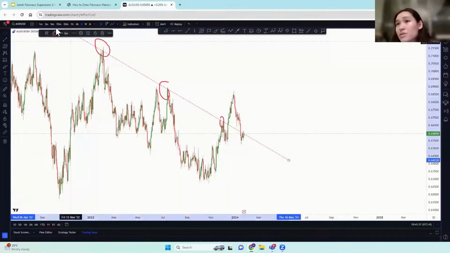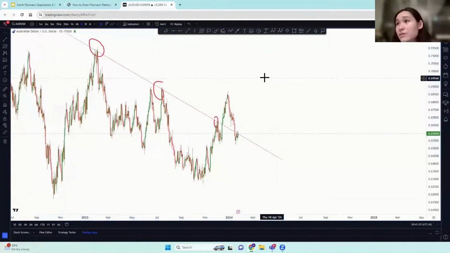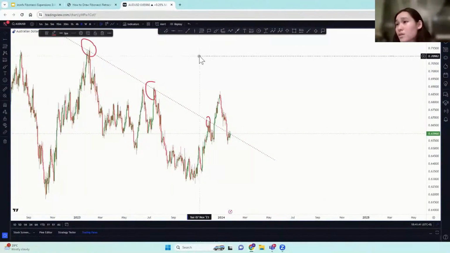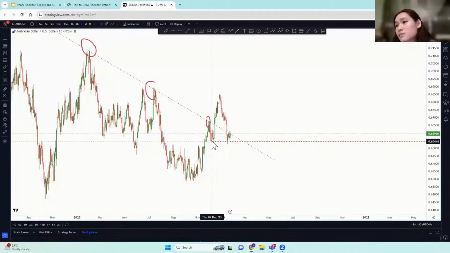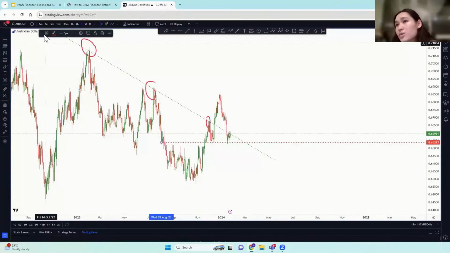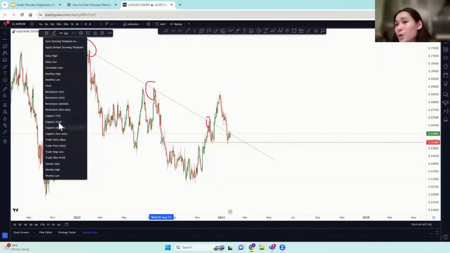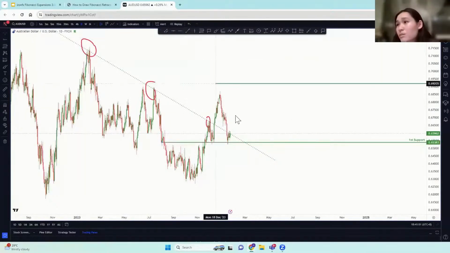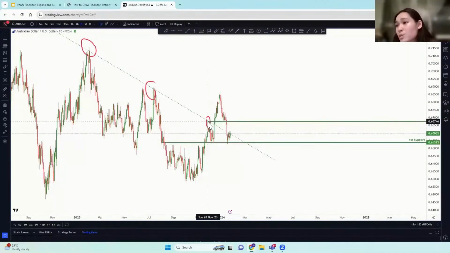Now let's go ahead and add some support and resistance levels again. This is my first support. Second support.